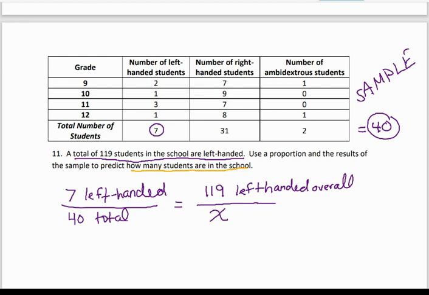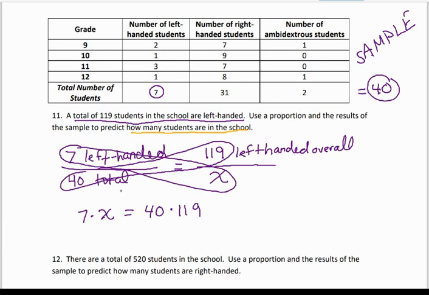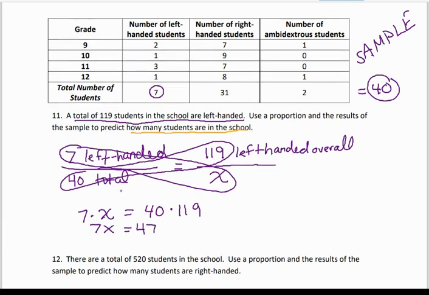Now exactly. Now we just cross multiply. So I'm now going to do 7 times X equals 40 times 119. And when we get that, we have 7x equals 4,760.